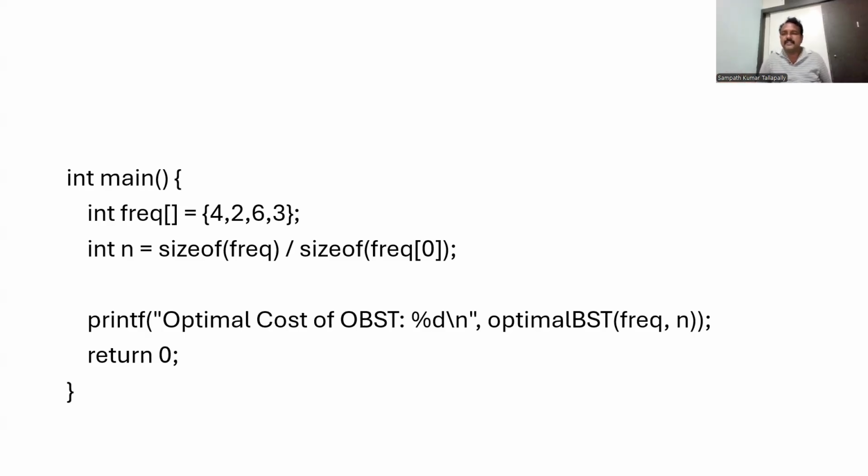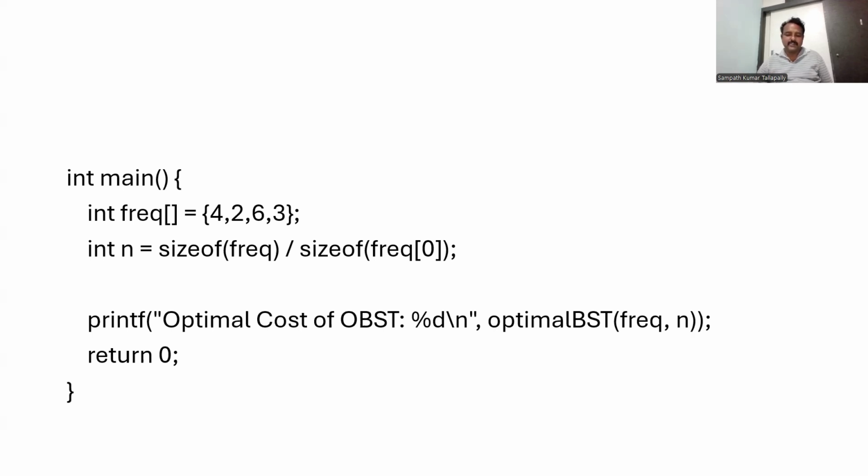So now we are going to understand the program which is used for finding the optimal binary search tree value, by which we can construct an optimal binary search tree very easily.